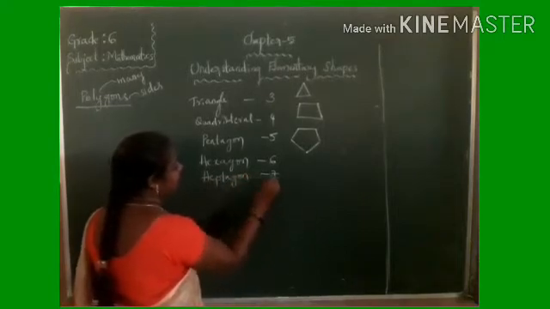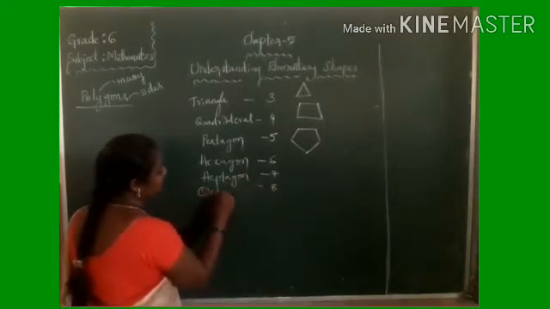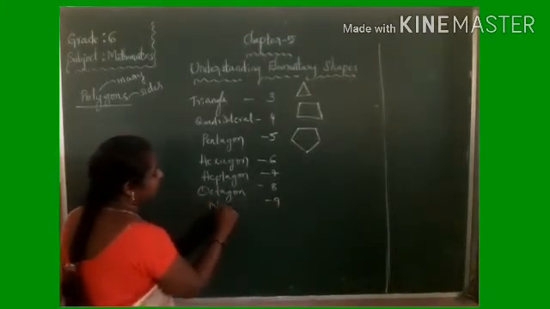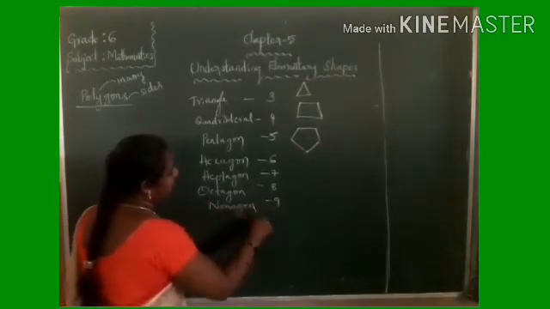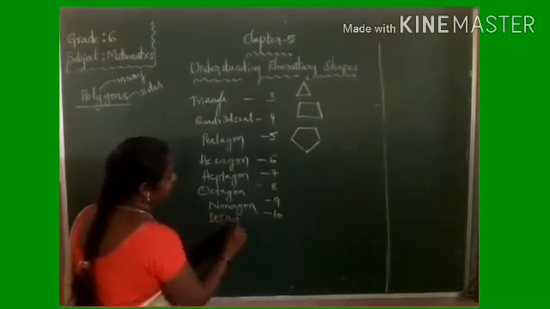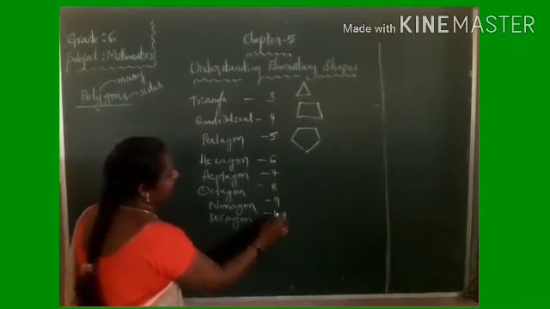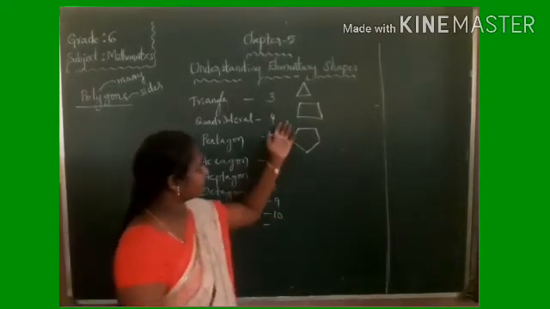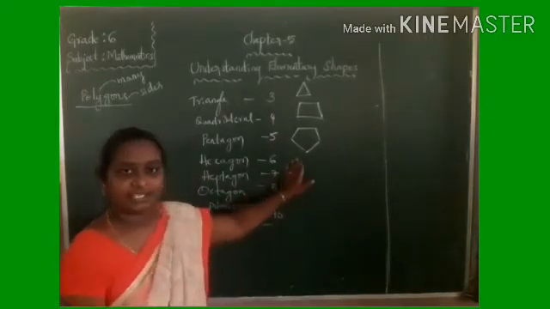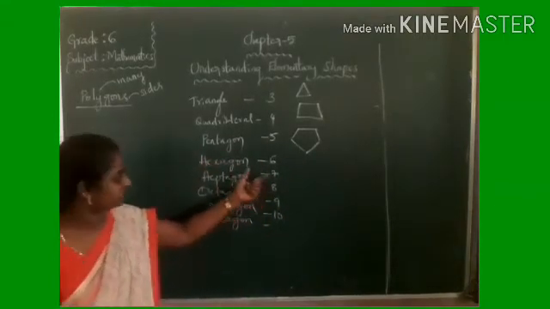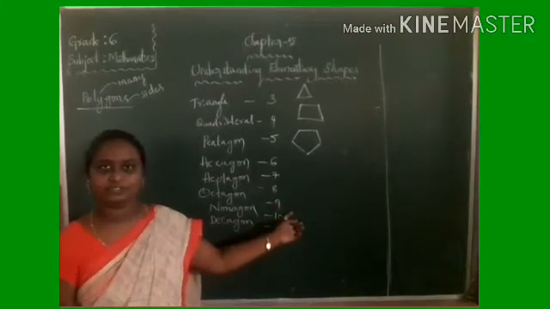And if 8 sides, yes, octagon. 9 sides, nonagon, okay, and if 10 sides, you can call that polygon a decagon. So you have to draw how the hexagon contains 6 sides, and the remaining all you have to draw.